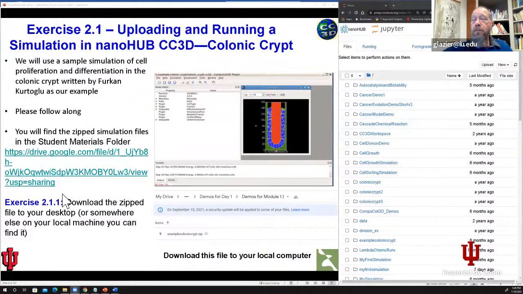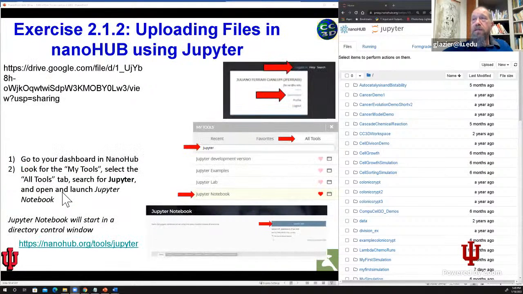Okay. The next thing you have to do is use the Jupyter Notebook function in nanoHUB. I have Jupyter Notebooks running already because I'd already launched it, but if you don't have it, it's one of the things you should bookmark in nanoHUB. Please log into nanoHUB, go to your dashboard, and click All Tools. I'll do this with you.